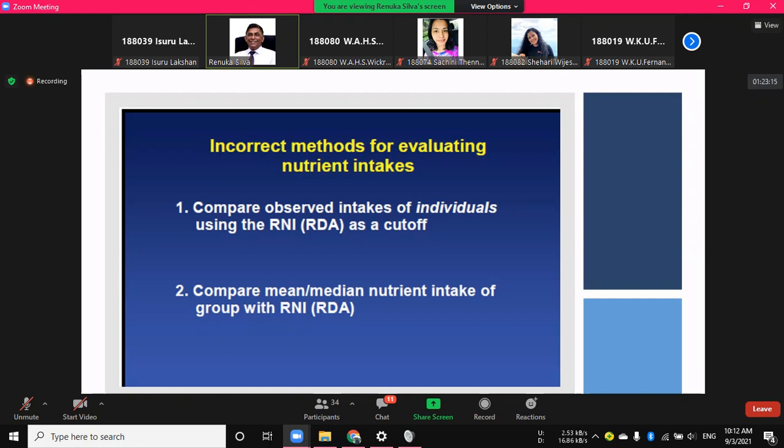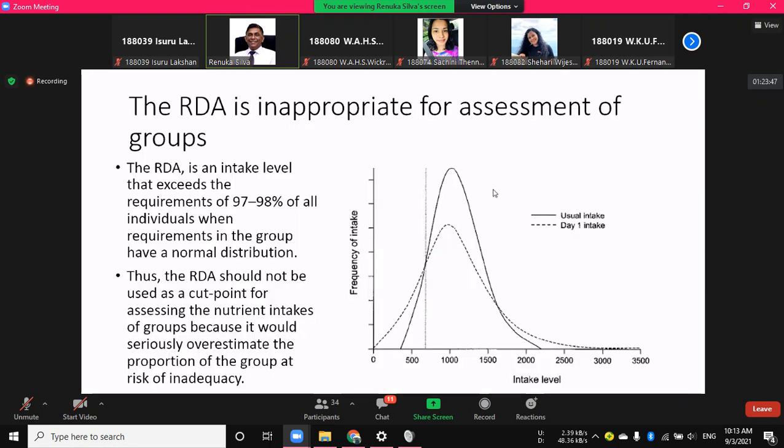Certain days very high amounts, certain days very low amounts. To capture that, we need more days of recalls. However, practically you can't do 30, 40 recalls from one person, so we decide to do 2-3 recalls maximum per person.